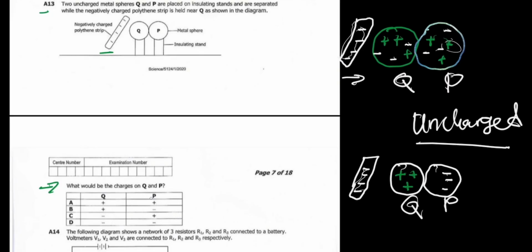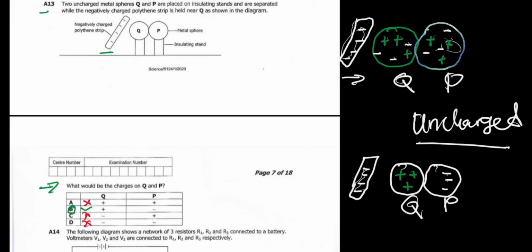Well, you can easily see that answer choice A is wrong, because you have both spheres positively charged. And D is also wrong, because you have both spheres negatively charged. And C is also wrong, because the strip is near sphere Q, so it can't be negatively charged. So the correct answer here should be answer choice B.